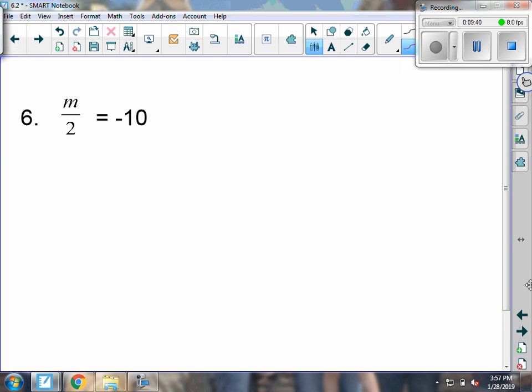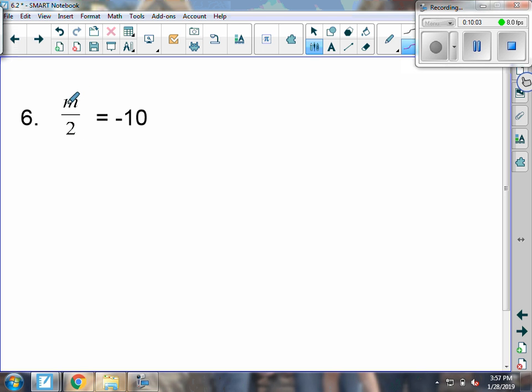M over 2 is equal to -10. Go ahead and copy this down, please. So I want to get rid of my 2.